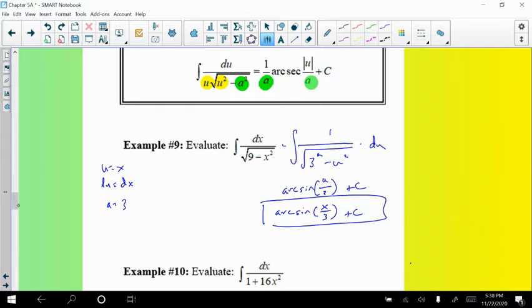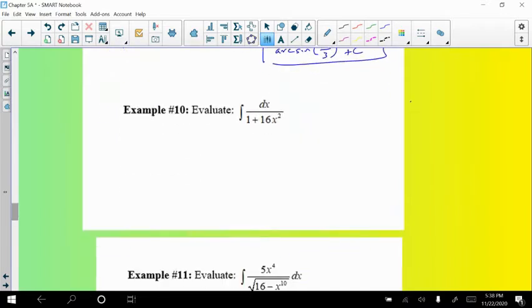Okay, same thing with number 10. I'm noticing it's quadratic in the denominator, but the numerator is 2 degrees off. It's just the constant 1, understood 1 sitting there. So my thought should go to inverse trig, and there are no square roots, so I'm thinking arctangent. And like this, the 16x squared would be u squared.